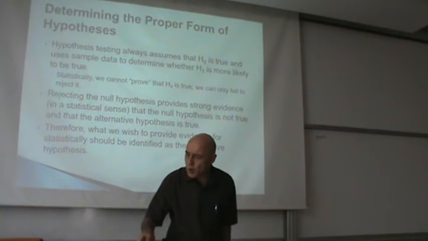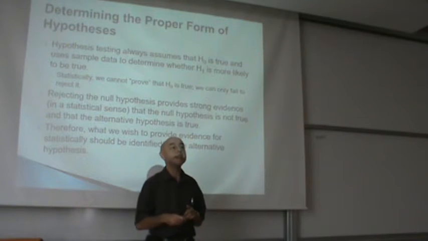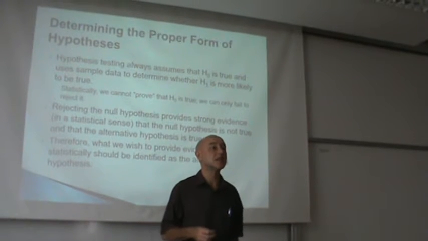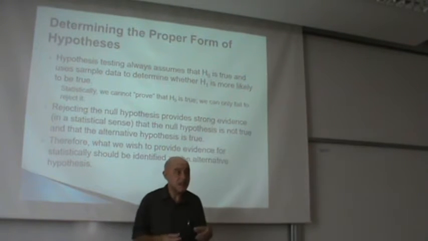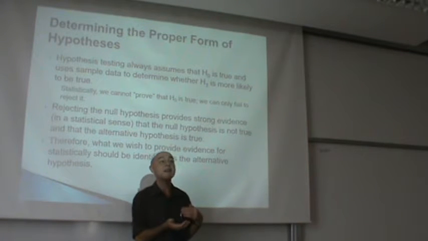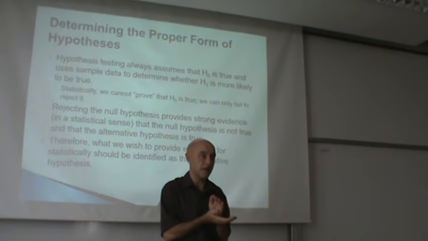I don't want to get into the proper form of a hypothesis, but basically, what you need to understand in statistics is that statistical testing provides information for rejecting the null hypothesis.